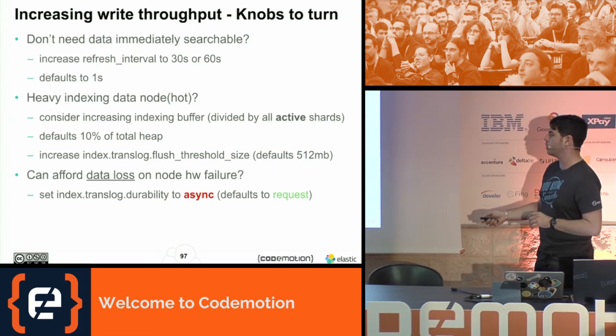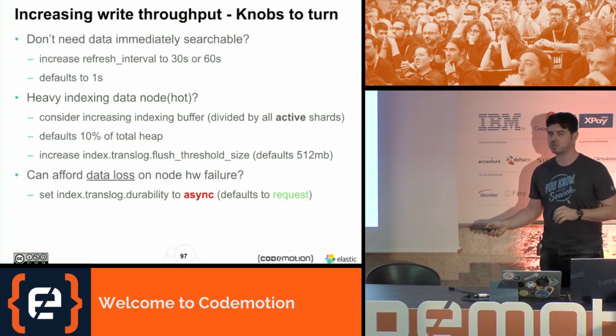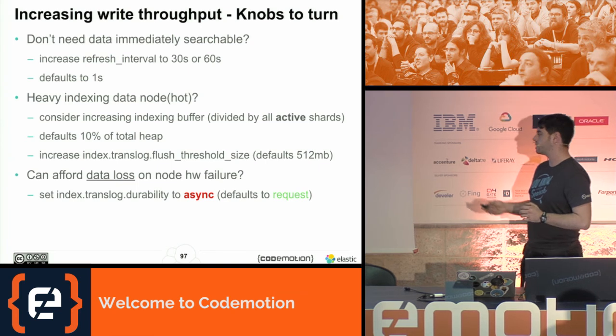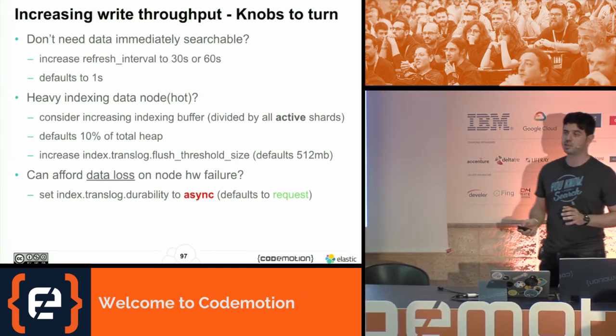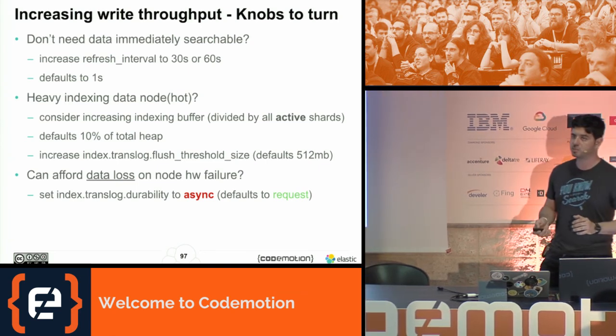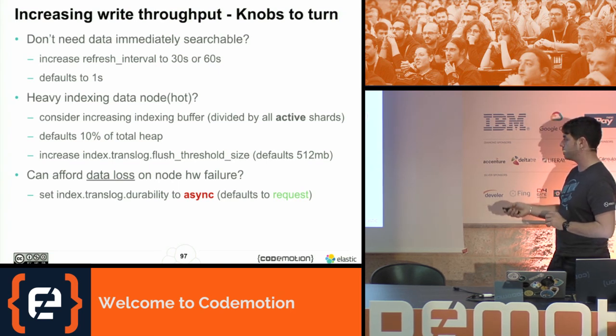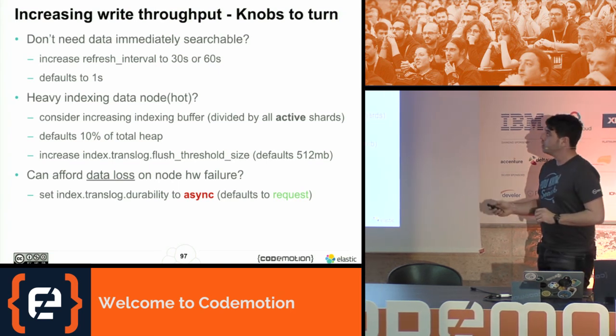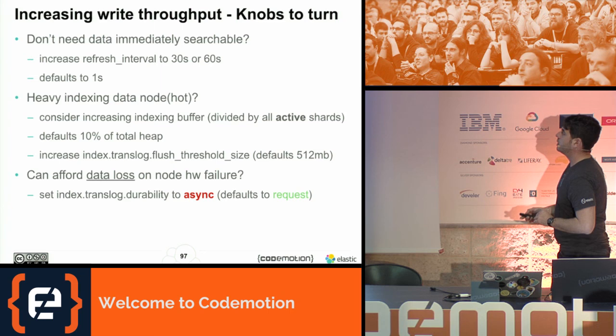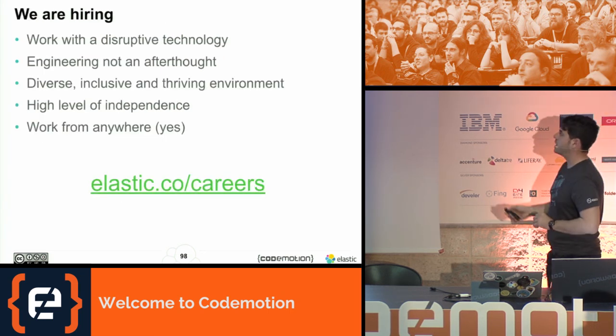The default value, once this is set to async, is every 5 seconds. So that's something that you can do if you can afford this scenario where there's a power down perhaps, and those requests were not persisted to disk yet. So that brings the presentation to an end.